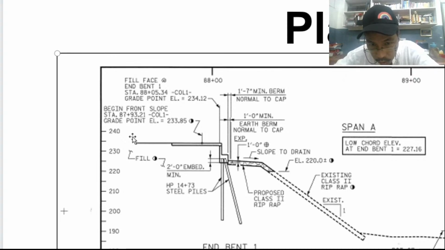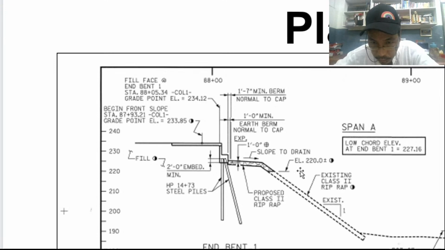Water coming from here, or on top of the bridge. This is the top of the bridge here. Water will go down here and then slope down to the side, going down below the bridge.